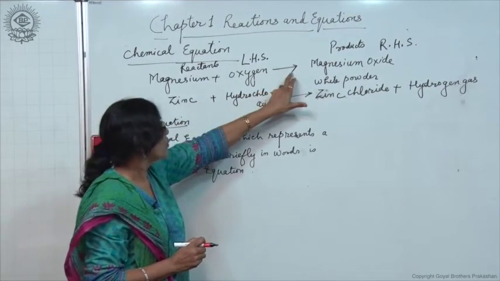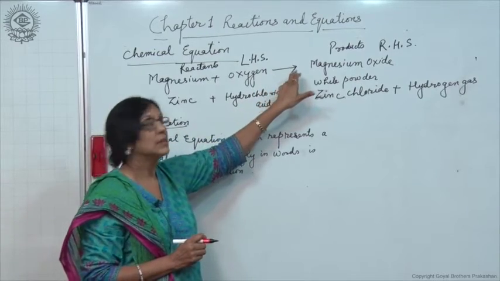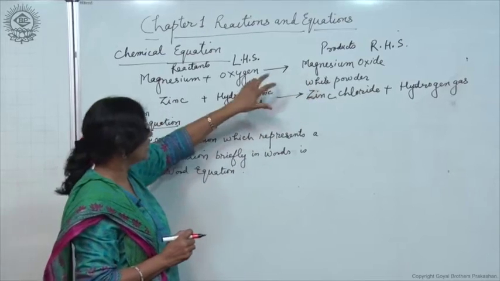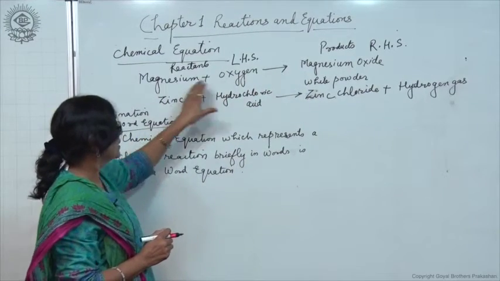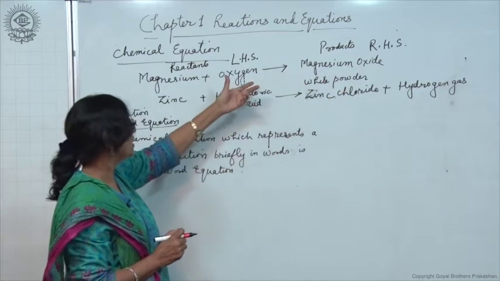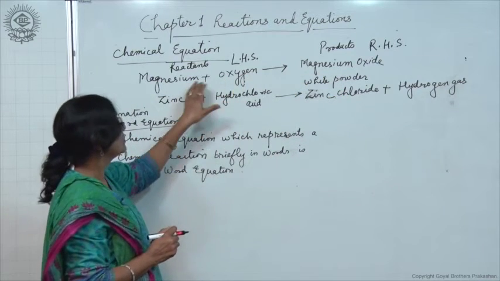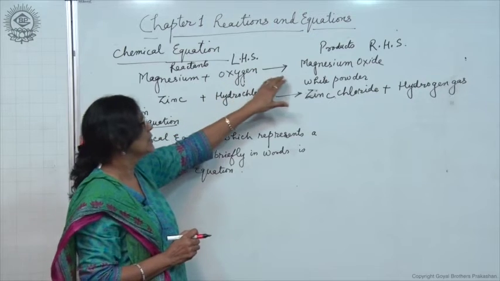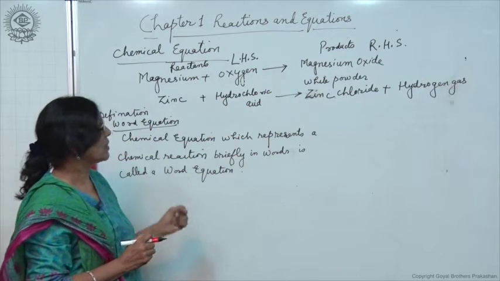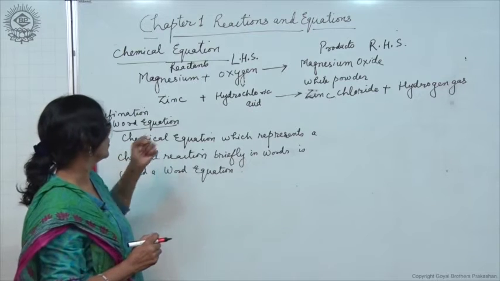Then an arrow is placed between the reactants and the products, which indicates that the reactants have converted into the products, or we can read it as 'to form'. Magnesium reacts with oxygen to form magnesium oxide. So, this is how we write the word equation.